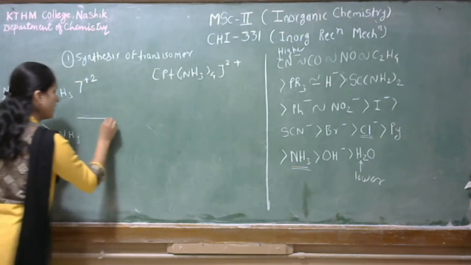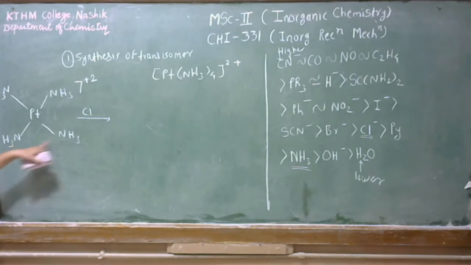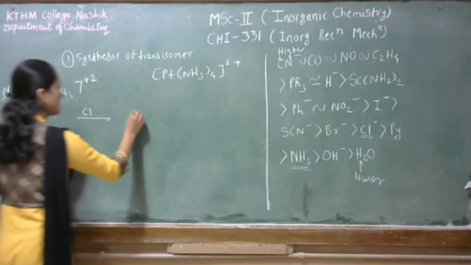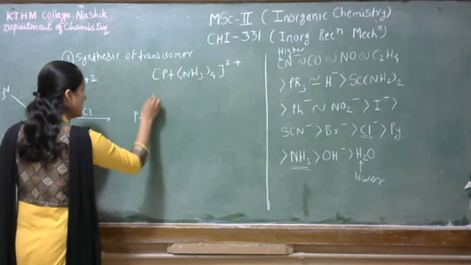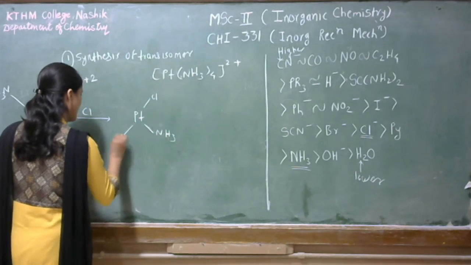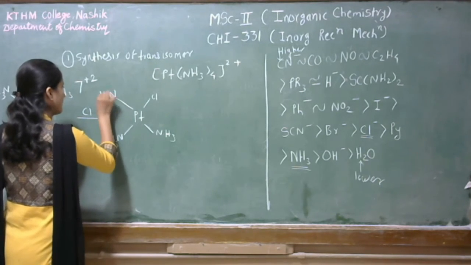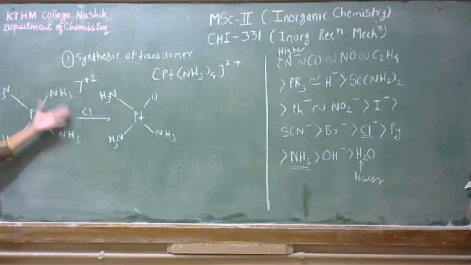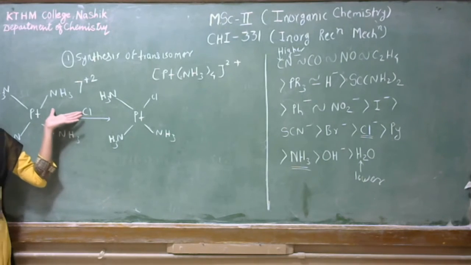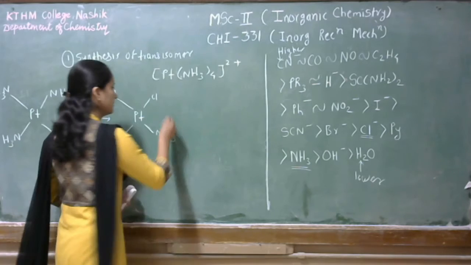Plus 2. When we treat Cl with this complex, we will get Pt Cl NH3 NH3 NH3, meaning any one NH3 gets replaced and instead of that NH3, Cl is placed.